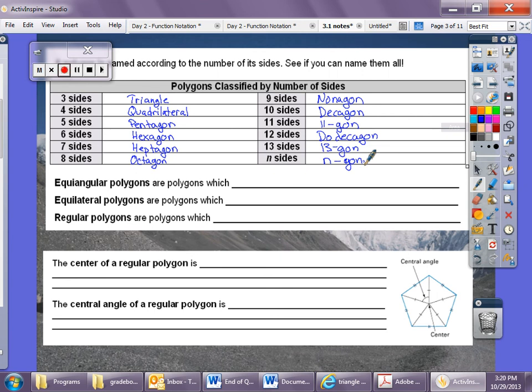And equiangular polygons have all angles congruent. An equilateral polygon has all the sides congruent.